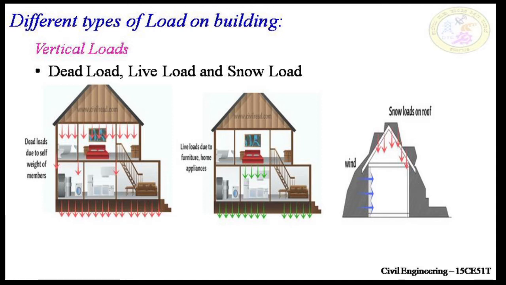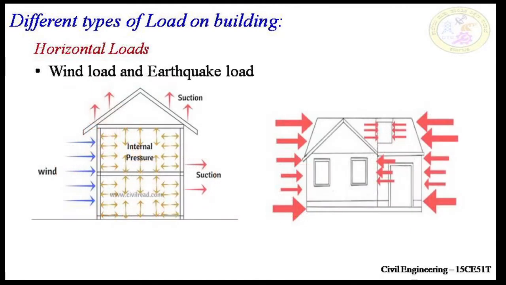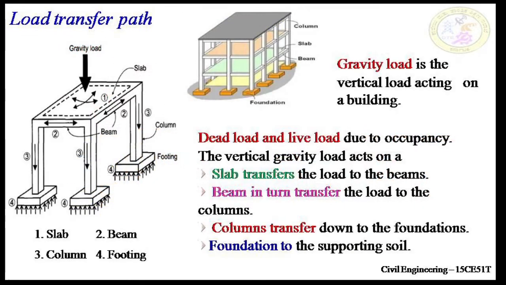Live load is the furniture or the equipment present inside the building, and some other extra items kept inside the building also contribute to the live load. Snow load is the snow acting on the roof of the building, which occurs usually in icy areas. Apart from this, we have horizontal loads such as wind load and earthquake load. So these are the various types of load which will be acting on a building.